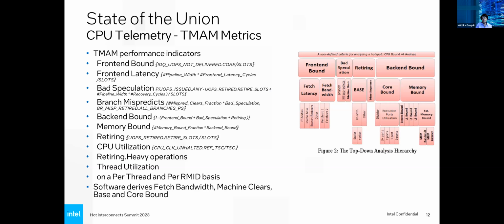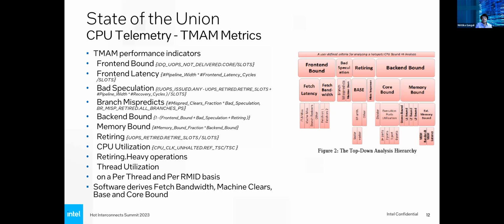Okay. Now we are going a step further where we want to showcase where you start with telemetry at the CPU. What we have done, and you may already be aware because this is a solution that was introduced a few CPUs before, I think somewhere from Broadwell onwards, is called TMAM, or top-level monitoring architecture.